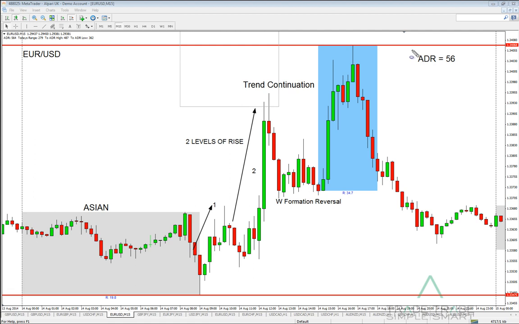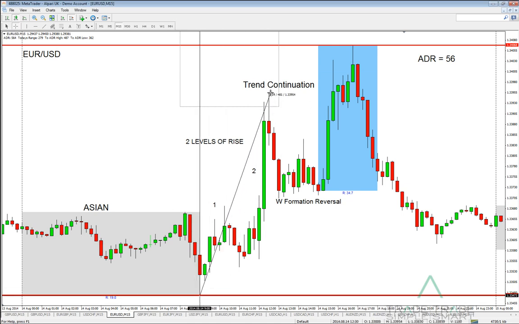So we have again 2 levels of rise. We have an ADR of 56. So if we measure the low to high range of the 2 legs, this comes up to 48. So we're quite some ways below our average daily range, so we can tick our first box.